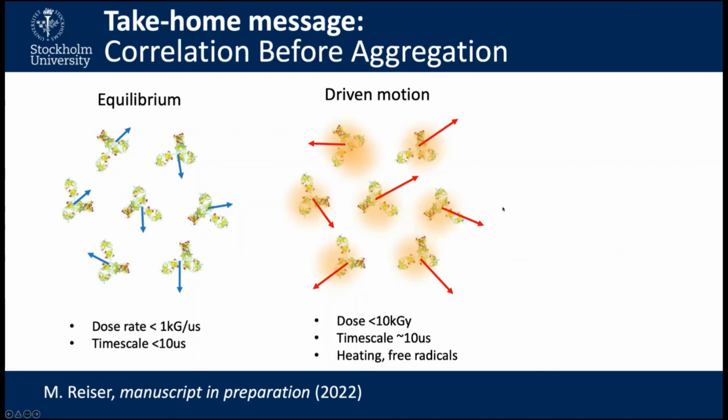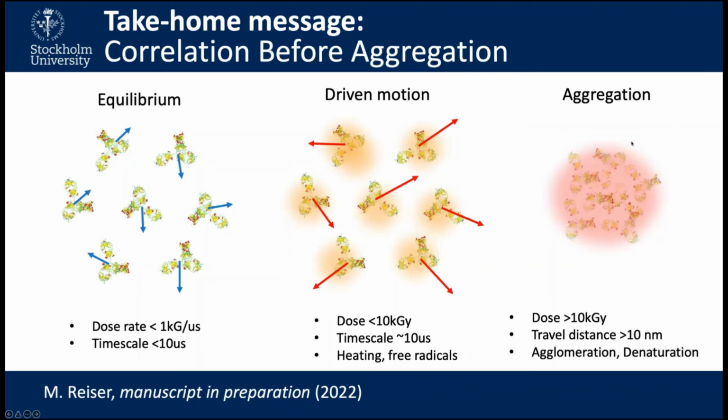At an intermediate regime, you can have some heating, some driven motion, and we believe there can also be a contribution from free radicals that influences what we observe in the dose rate. And finally, you have aggregation, which occurs for larger doses over 10 kilogray and larger distances over 10 nanometers. And it's a question now whether this is reversible, or whether it has to do with some kind of cluster formation, or whether it correlates with denaturation as well.